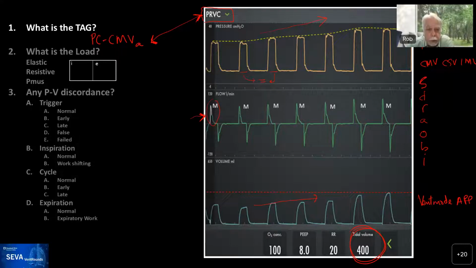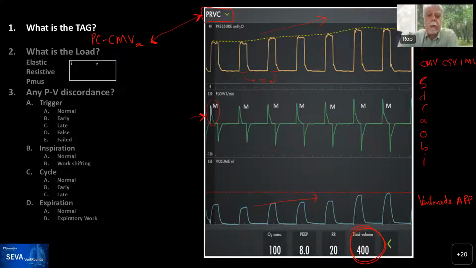It's pressure control with a volume target, sometimes called volume guarantee loosely. But this indicates that the ventilator is told that you're going to control pressure during the breath, but you're going to adjust it as, for example, the compliance gets worse, by increasing the inspiratory pressure until you get that tidal volume of 400 on average.